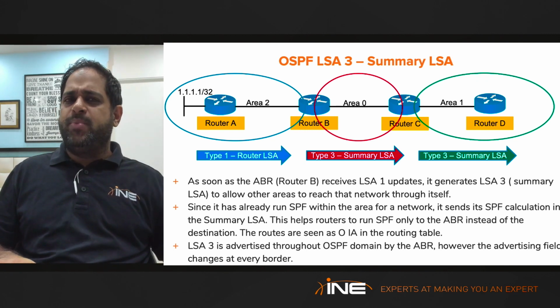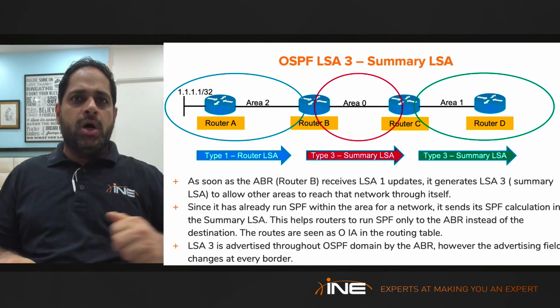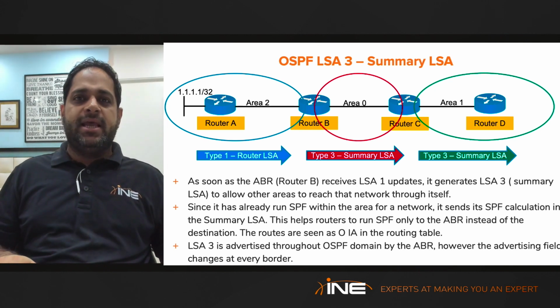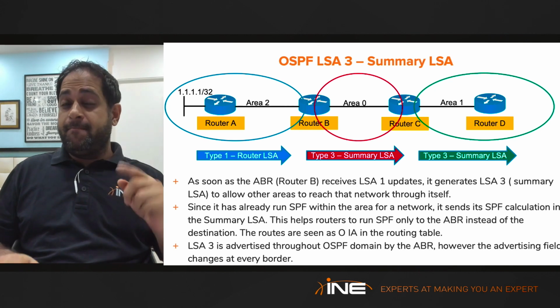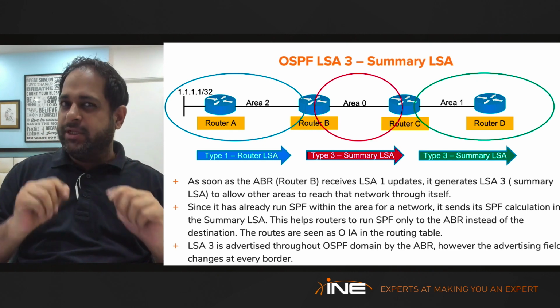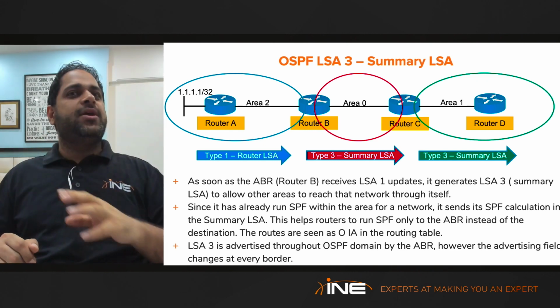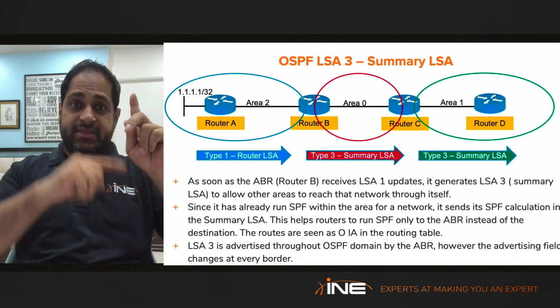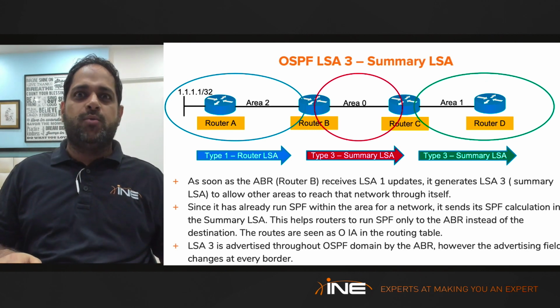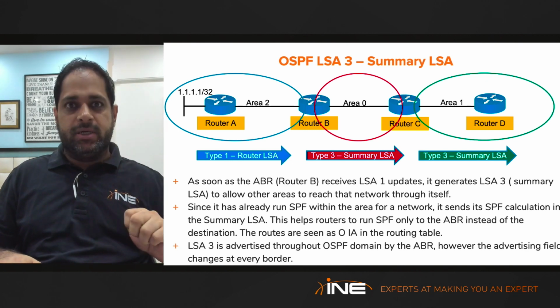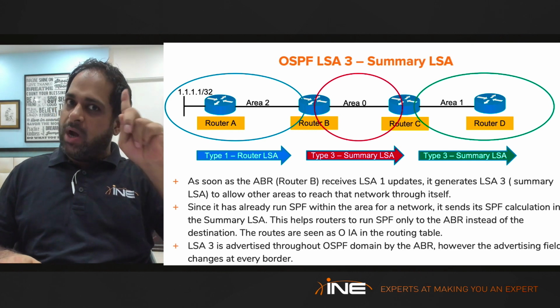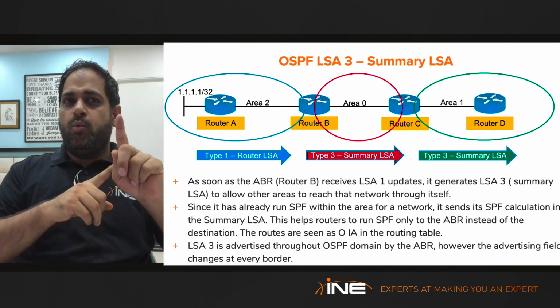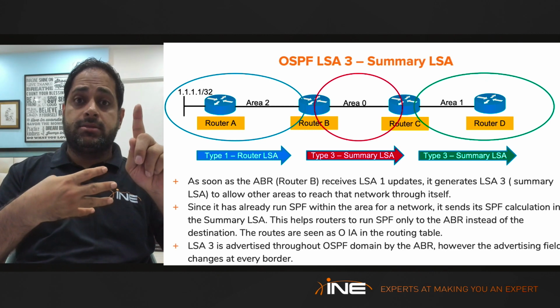As soon as router B gets that, he blocks LSA1, generates a new LSA for the prefix. Now see, there's a difference. In LSA1, it was one single LSA which contains the list of prefixes. So let's say if R1 was advertising 4 networks, he would send one single LSA1, which contains 4 links.